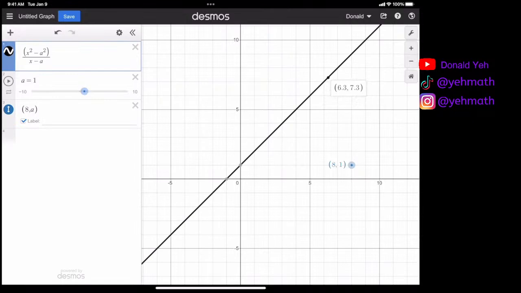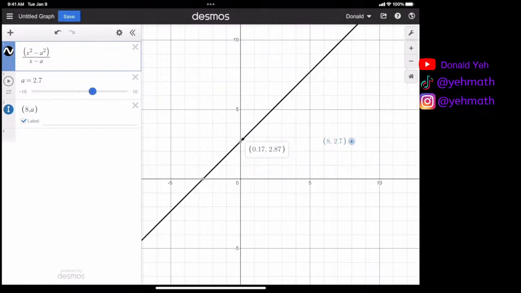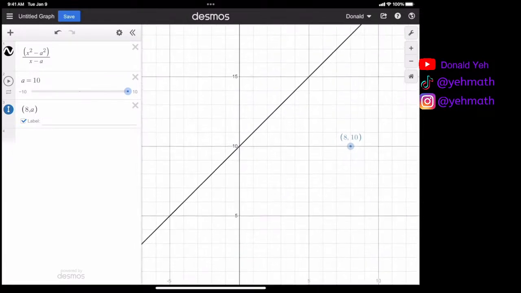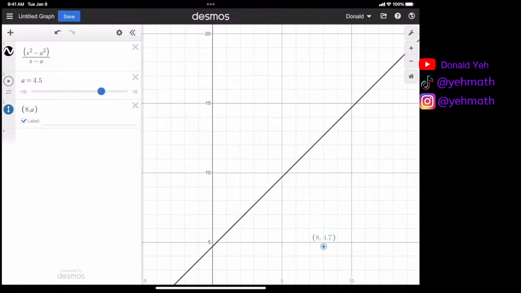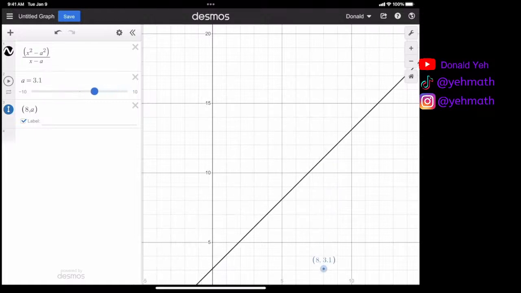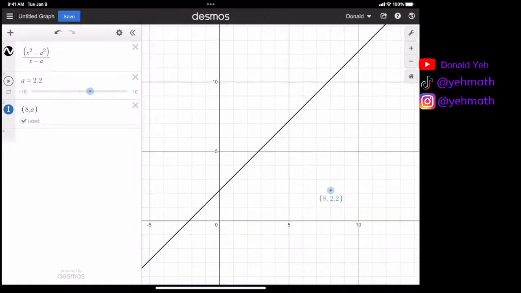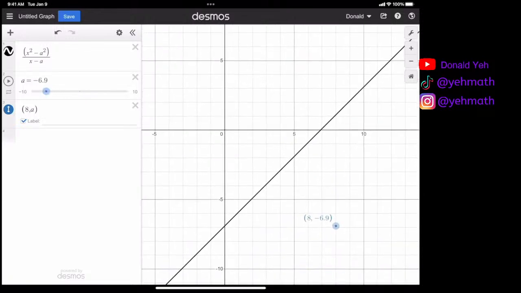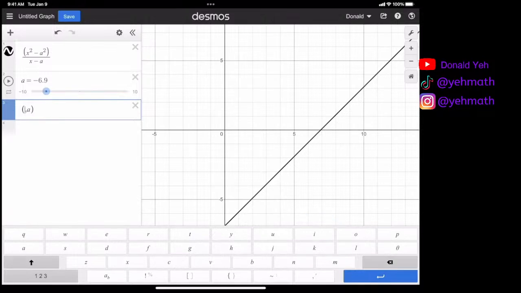There's an open circle here. I don't know where they are. a is 1, so it's probably here. See that open circle? But the open circle moves according to it, right? So we must find out what it is. Hopefully you can wait. Hold on a second. Would it be the point (a, 8a)? 8a.